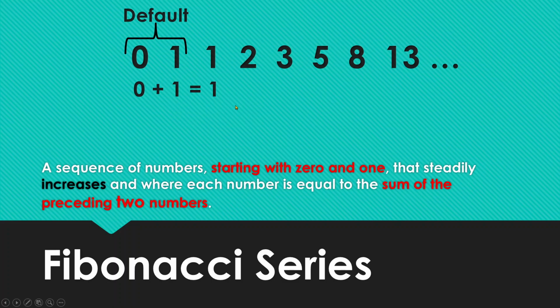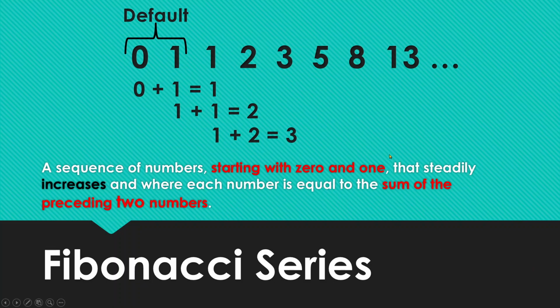In order to get the next one, we do the two previous numbers, so that will be F of 3 plus F of 1. That is how we find the Fibonacci series.